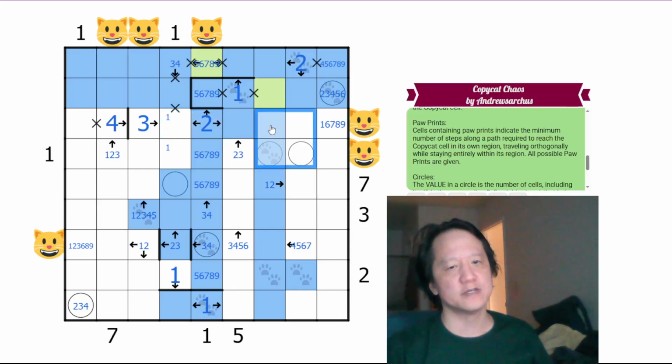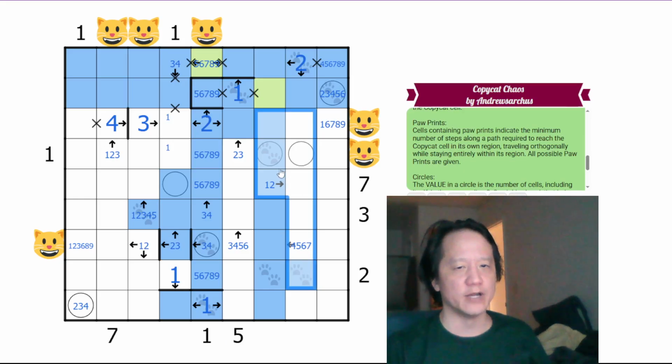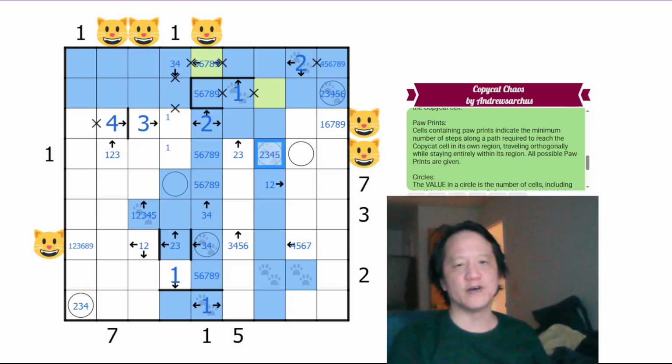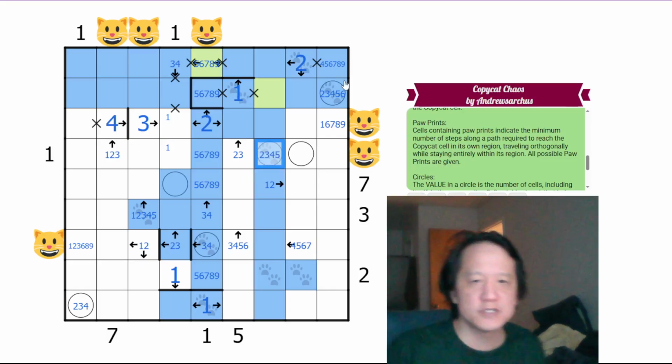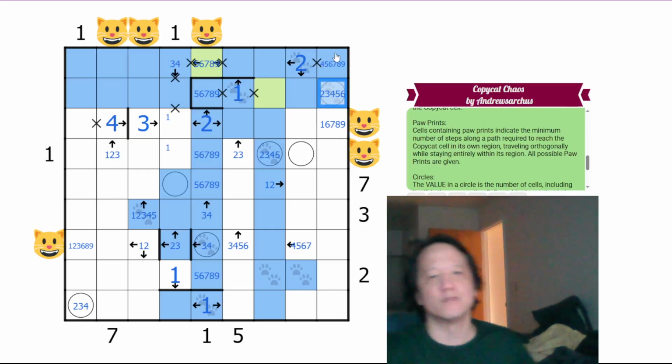6, I think, has the same problem. We have 6 in the 3x3 surrounding area. That's 1, 2 away, 3, 4, 5 away at most. So then this must be 2 through 5 there. So this can't be 6 for the same reasoning, right?